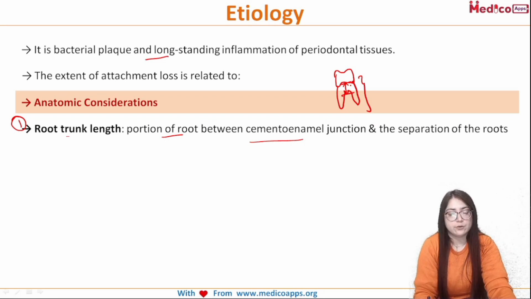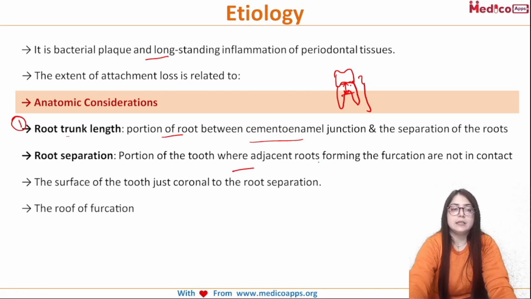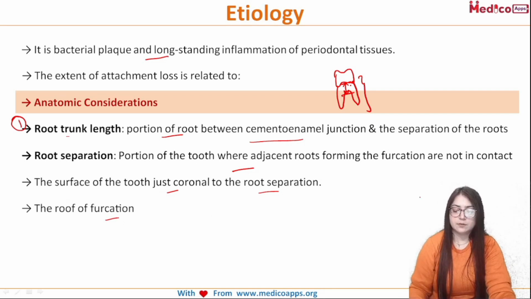So this is the root trunk length. Now, root separation is the portion of the root where adjacent roots forming the furcation are not in contact. Then third is the surface of the tooth just coronal to the root separation and the root of furcation. All these are the anatomical reasons because of which the furcation involvement will eventually take place.